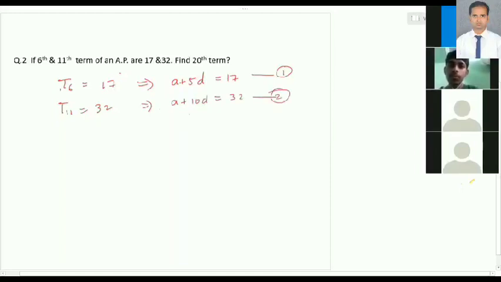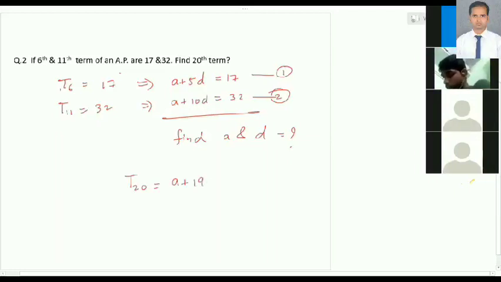Now solve these two equations and find out the A and D values. Then we can write T20. What will be T20? A plus 19D, since 20 minus 1 is 19. This will be your answer.